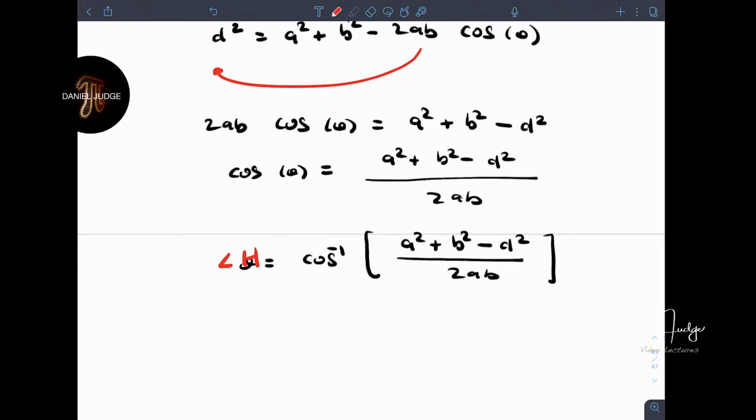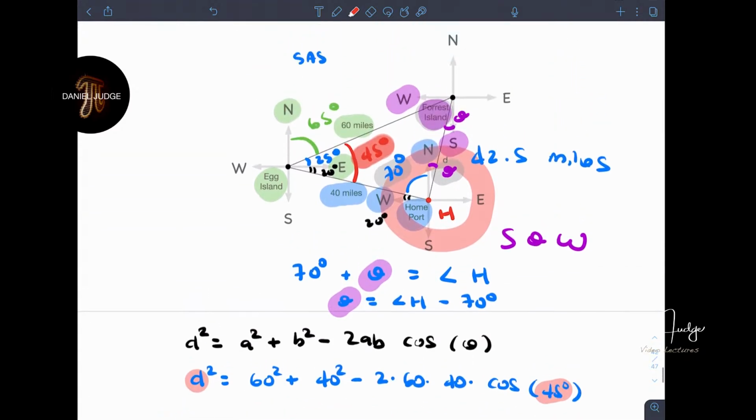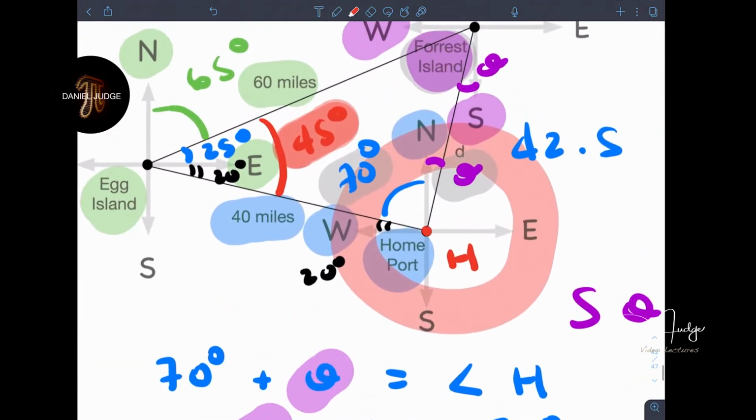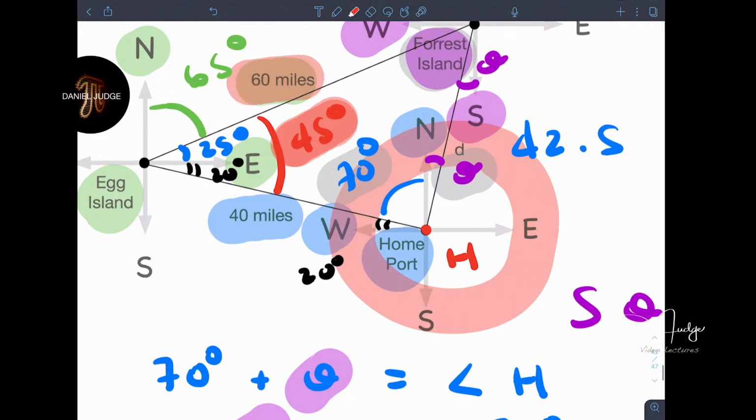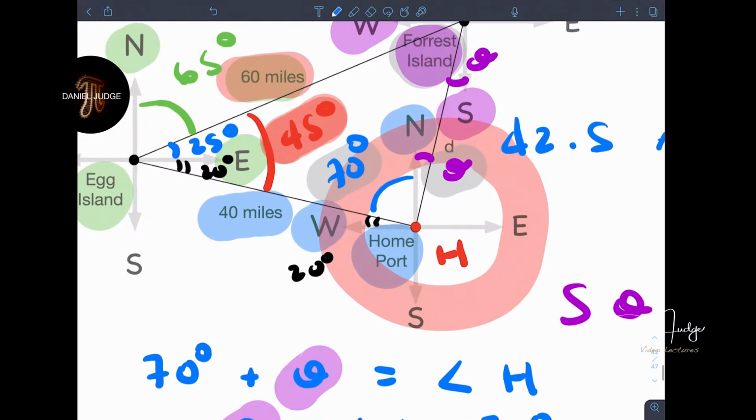But remember, angle H and d have to be opposite each other. This is the essence of the law of cosines. So when I go back to angle H, what I need to find, my d there is 60. And the other values in this triangle are the legs. So it's going to be 60 for d.